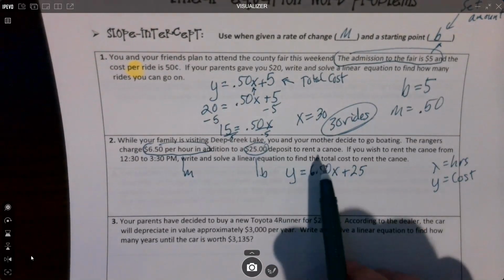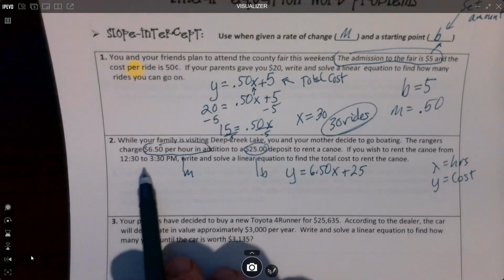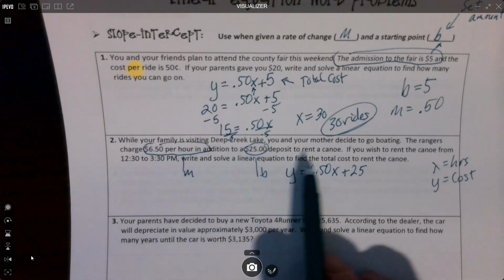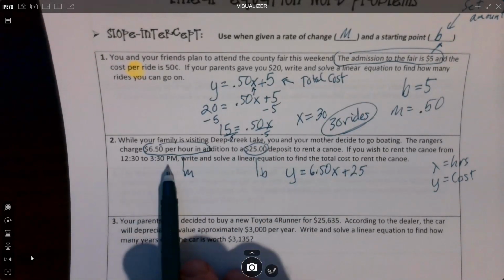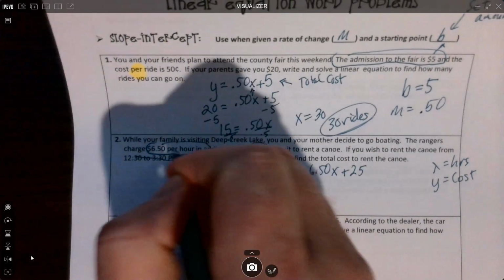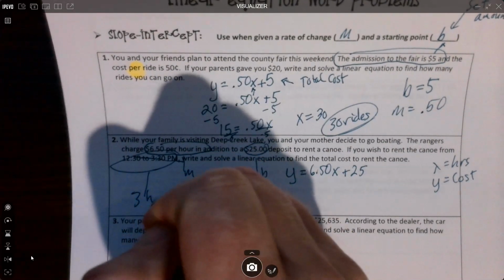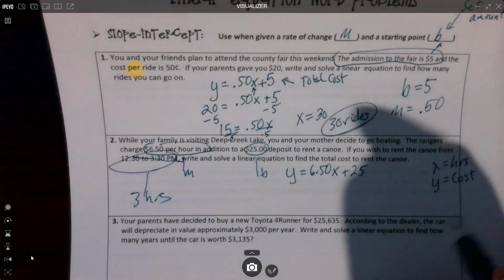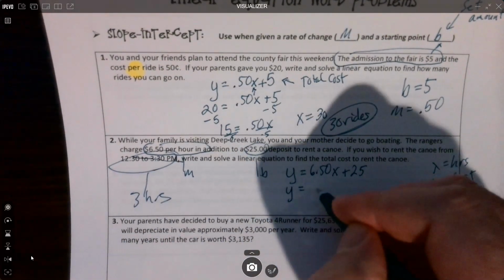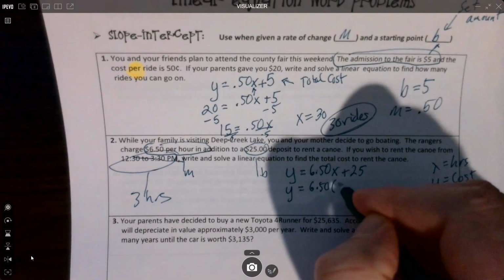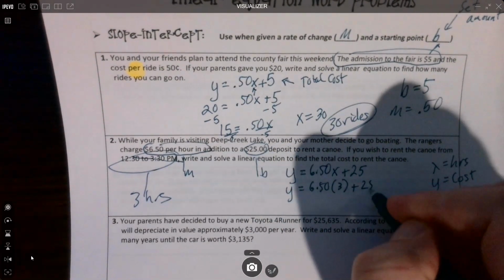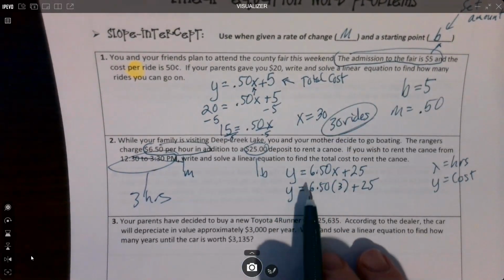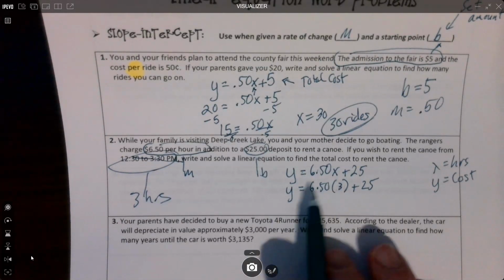for renting the canoe. You want to rent the canoe from 12:30 to 3:30. What's the cost? From 12:30 to 3:30 is 3 hours. So in this case, they want to know the cost, so we're going to put in the 3 where the X is. 3 times $6.50 is $19.50.